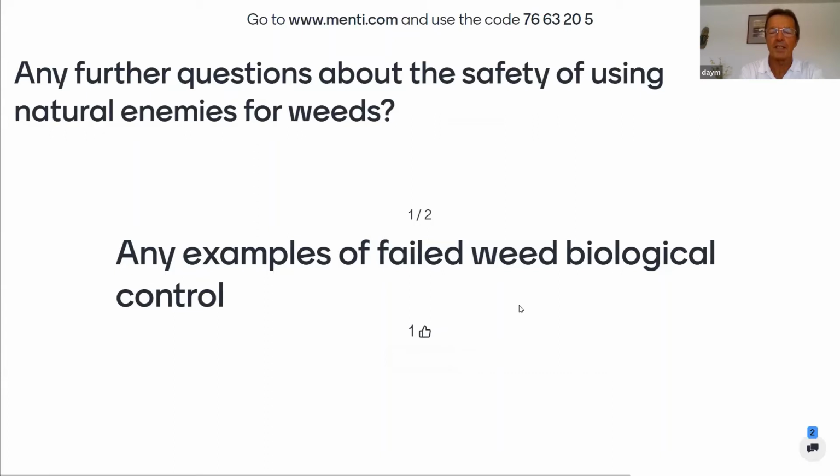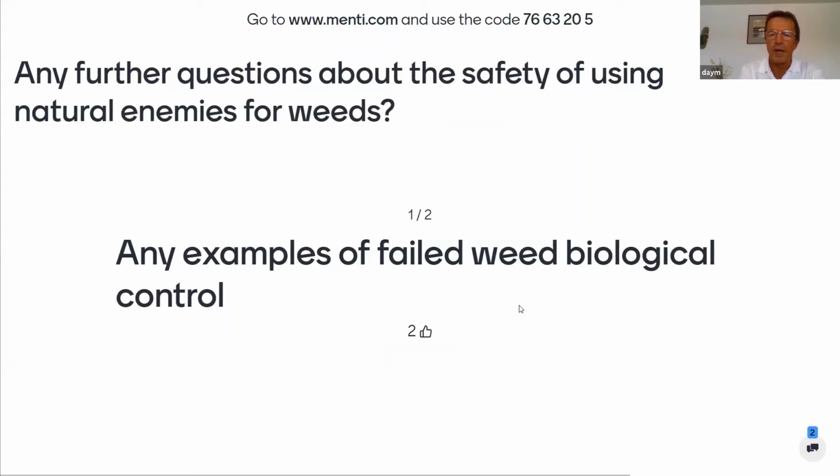It just means they didn't control the weed on which they were released. A classic example in the Pacific was nutgrass, Cyperus rotundus, where a number of biocontrol agents were released, but they haven't really been effective. They're out there, feeding on the plant, but they're just not controlling it.